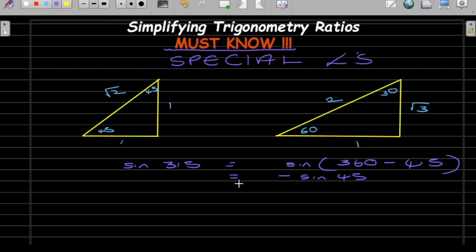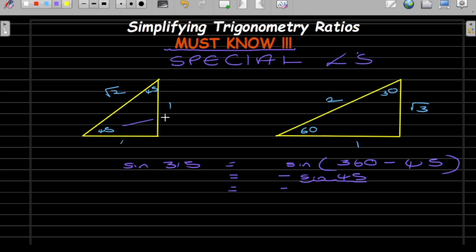So now what you just need to do is find out what sine 45 is equal to, without using a calculator. I drew these triangles, which I'm going to show you how you can memorize how to draw. So here we need to find sine 45. You go to the triangle that has 45 and 45 and look for the sine ratio.